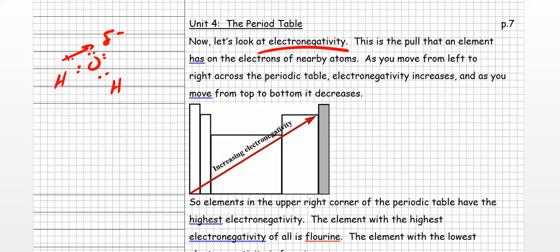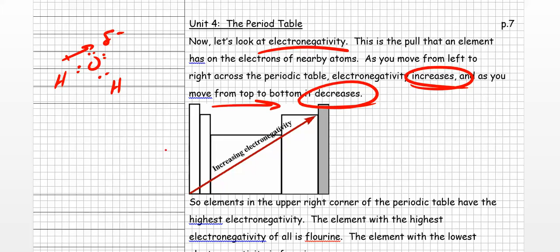Is there a trend? And the fact is there is. As you move from left to right across the periodic table, electronegativity increases. And as you move from top to bottom, it decreases. So another way to say that is electronegativity is increasing in this direction and it's increasing in this direction, or you can just replace those 2 arrows with a single arrow shown for increasing electronegativity.